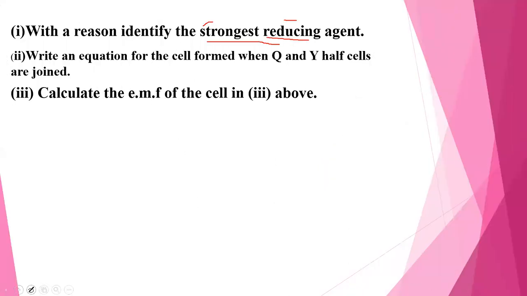Then the next question: write an equation for the cell formed when Q and Y half cells are rejoined.